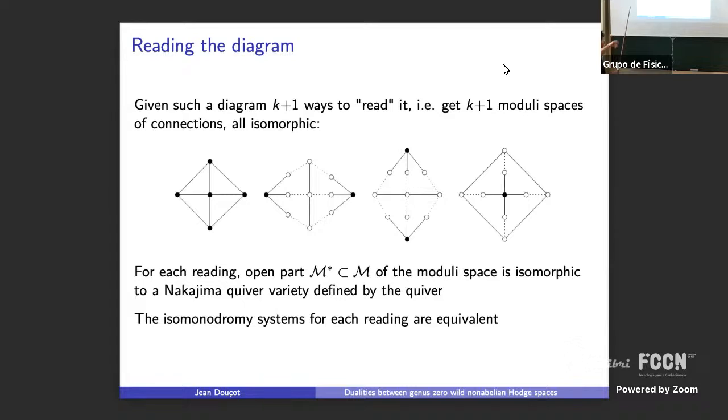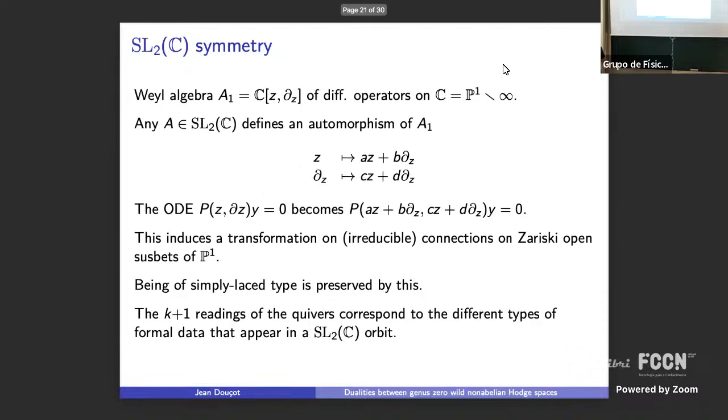And not just are the moduli spaces identical, but the isomonodromy systems, the equations describing isomonodromic deformations for each reading, are equivalent. So in this simplest case, we have these nice larger symmetries between k plus 1 moduli spaces. The goal of what I want to explain is that we can partially extend that to connections with absolutely arbitrary singularity data on P1.